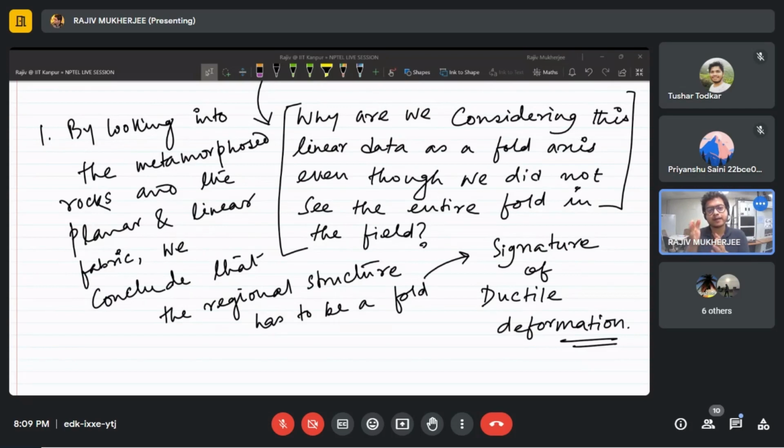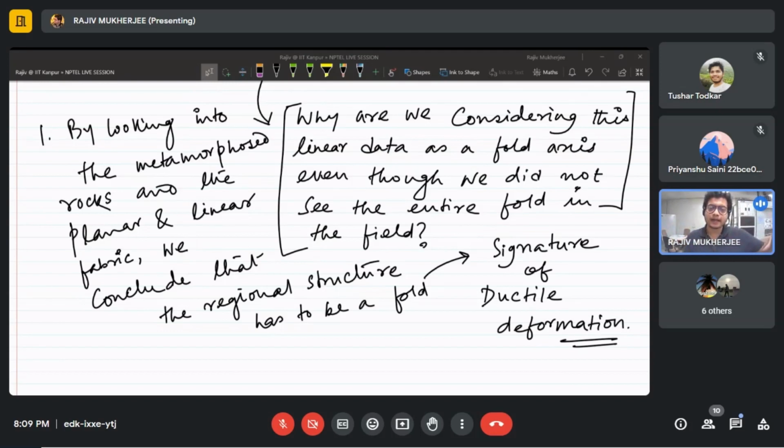And therefore by having sequential orientations of the fold axis, you can actually map where the fold is turning and whether there is any polyphase deformation, right? Or superposed deformation or not. So these kind of things can be concluded.